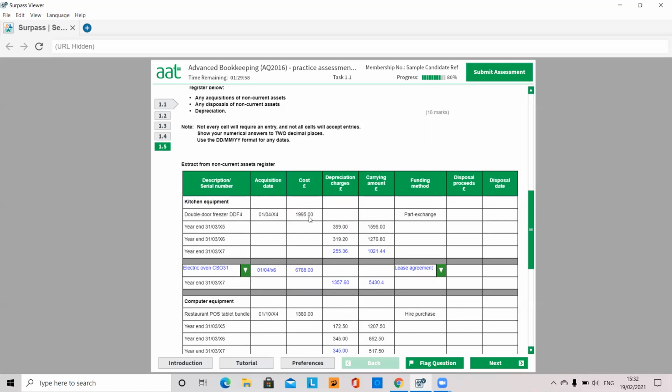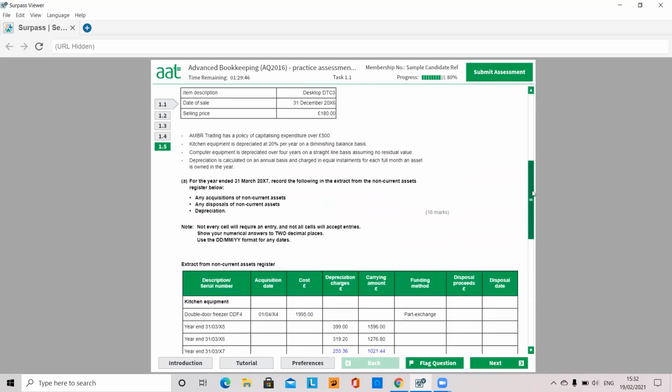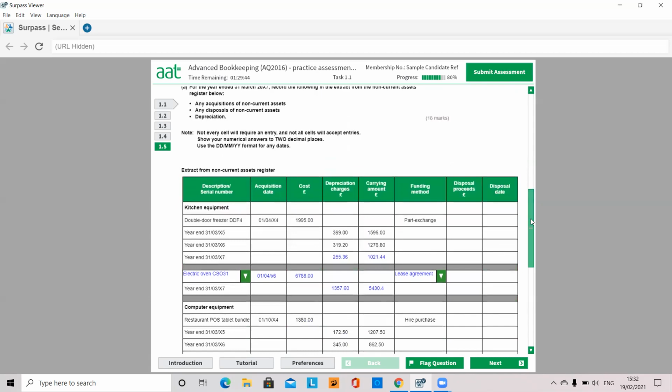So it was 1995 times 0.2 is 399. Okay, so this one is £399. Is that right? Kitchen equipment, yeah, 20% on the diminishing balance basis. So 1995 minus the depreciation charge for the year, which is 399, gives us a carrying amount of 1596.